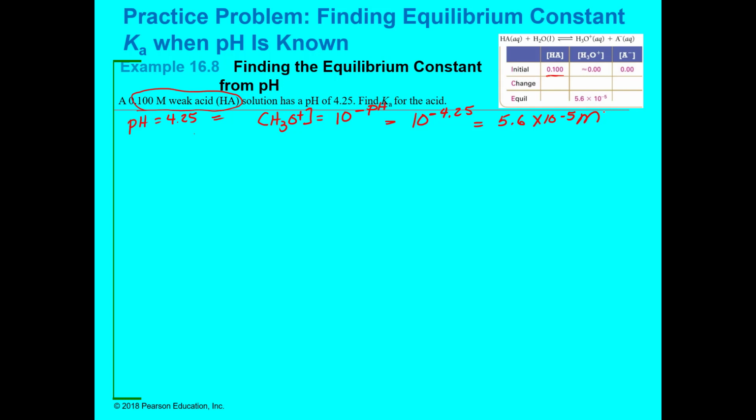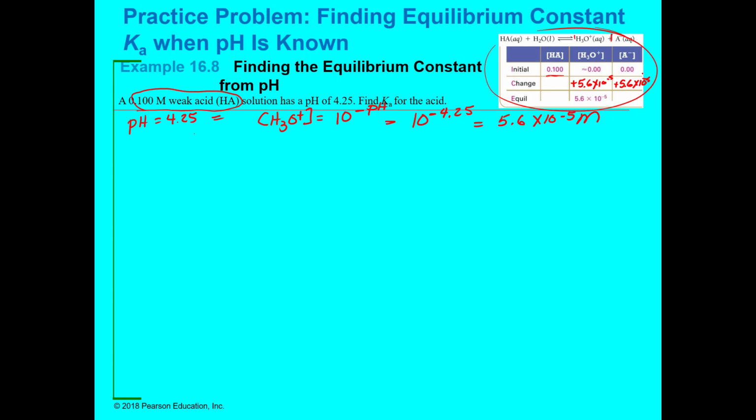So I need to be able to fill in this chart in order to figure out what Ka is. So I have 0.1 to start with. I had 0 to start with here. So that means that in the H3O plus, I gained 5.6 times 10 to the minus 5. And since the acid, the A part, the anion, is 1 to 1, that means I also gained 5.6 times 10 to the minus 5 of the anion, because they're 1 to 1 to 1.